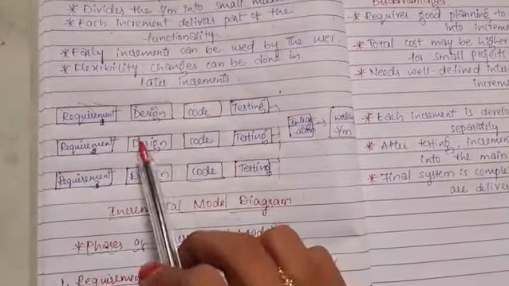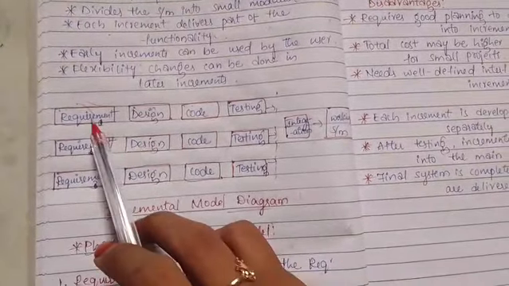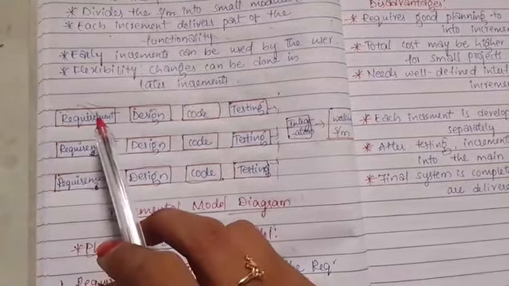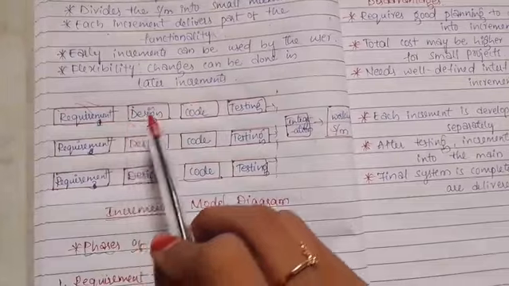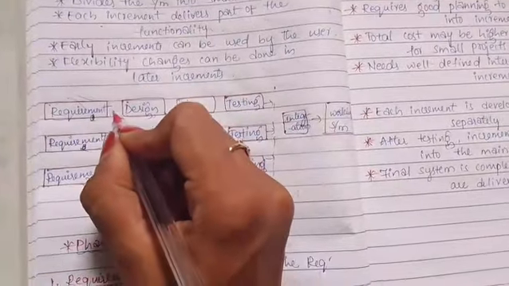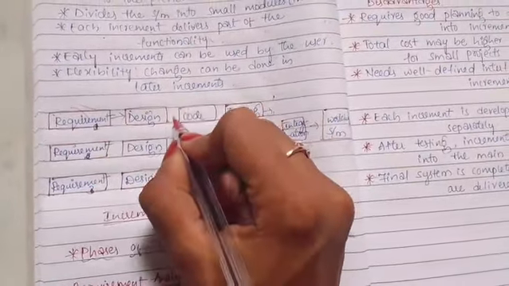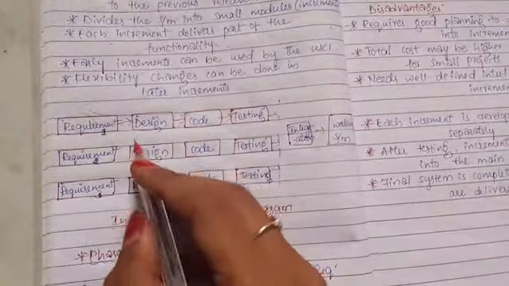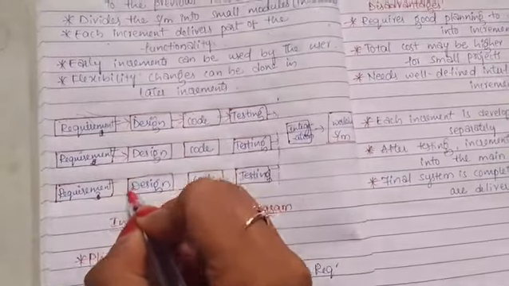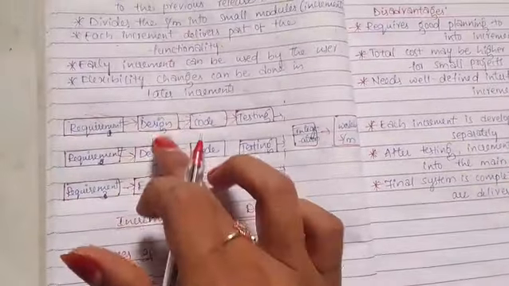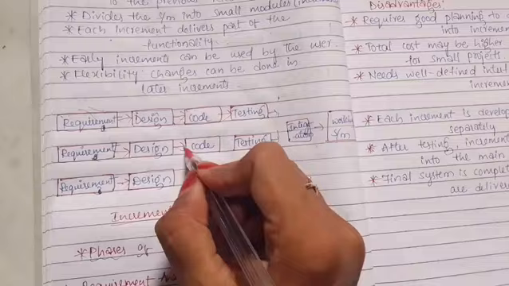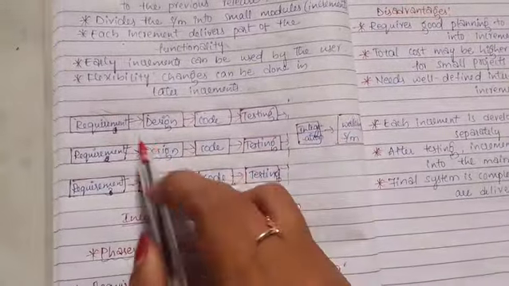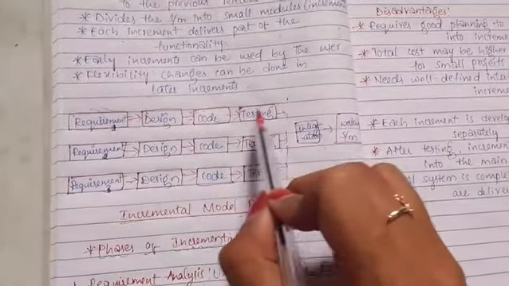Let us see the incremental model diagram. Here we have the system at the start, and the requirements. It will go to design, code and testing, and again it is incremented. We can see the increments in the diagram: requirement, design, code and testing.